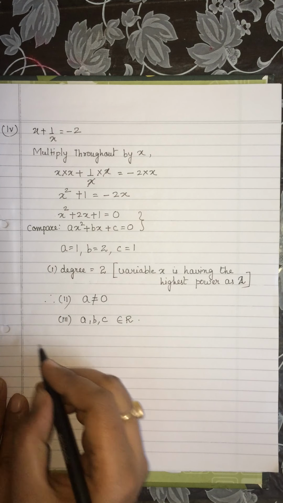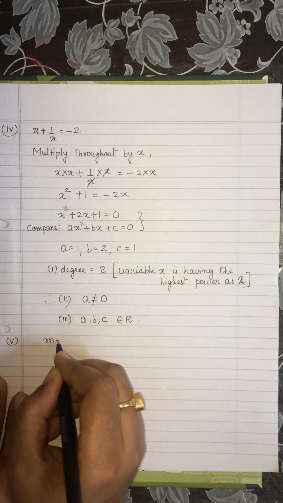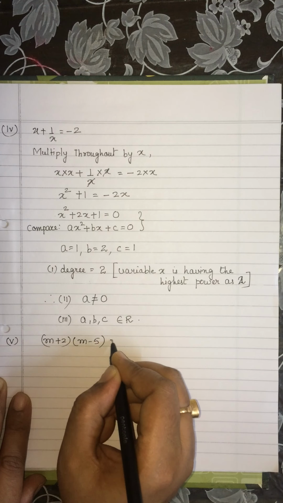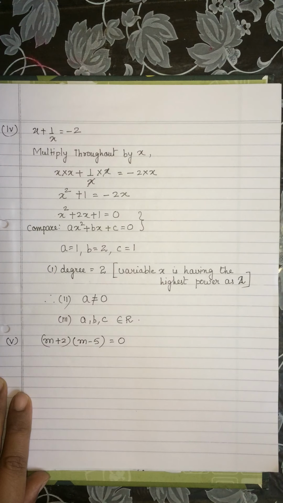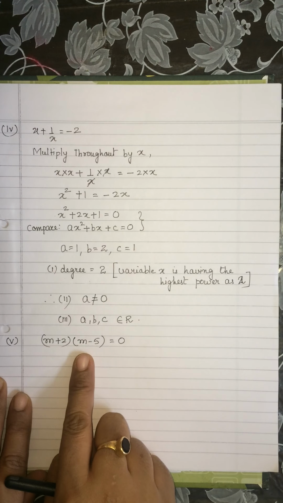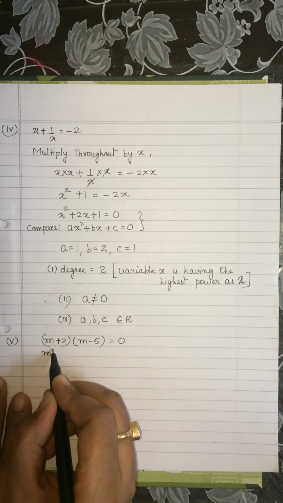Now let us go to the fifth one. What is given? M plus 2 and m minus 5 is equal to 0. Children, again this equation we have to reform it. Open the brackets. M into m is m square.